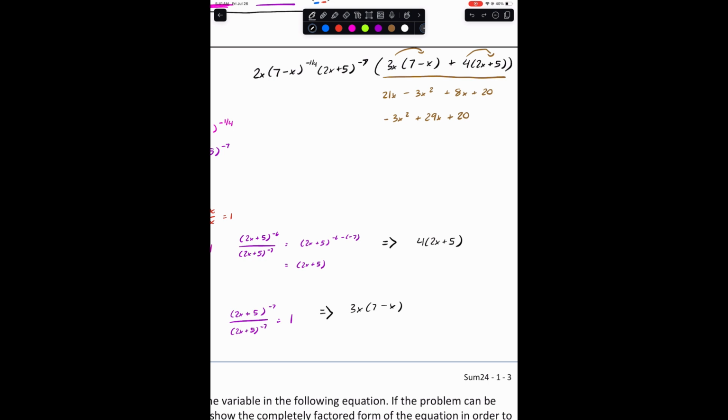Two numbers that multiply to negative 60, negative 3 times 20, and add up to 29. So we have some options. Let's set the factors. And none of these look very promising, at least to my eye.